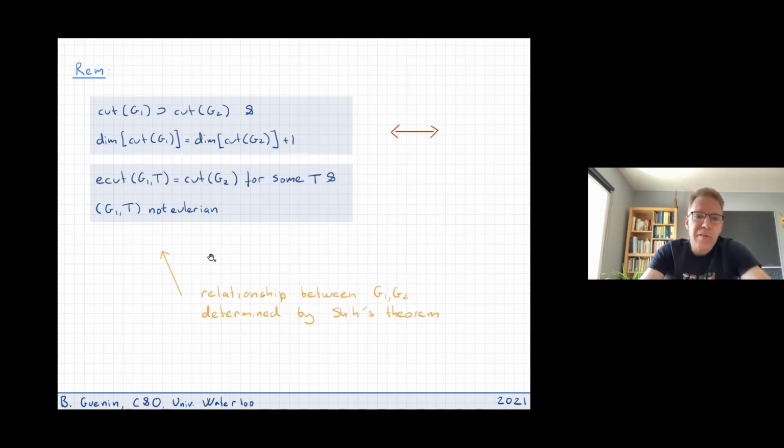And again, if I give you a graft and a graph, and I tell you that the even cuts of the graft equal the cuts of the graph, then I know exactly what the relationship is between the graft and the graph through Shea's theorem. In fact, in this case, I have no choice for T. There's a unique T that's going to work.